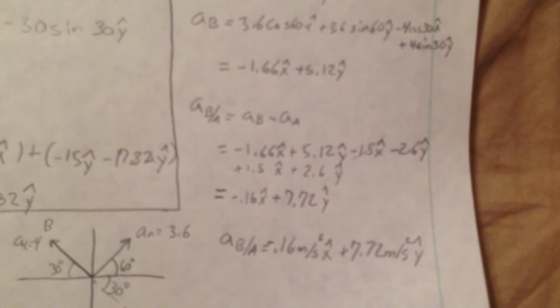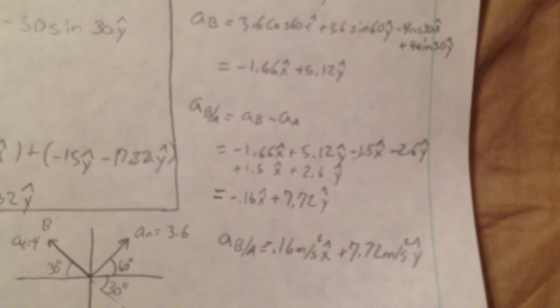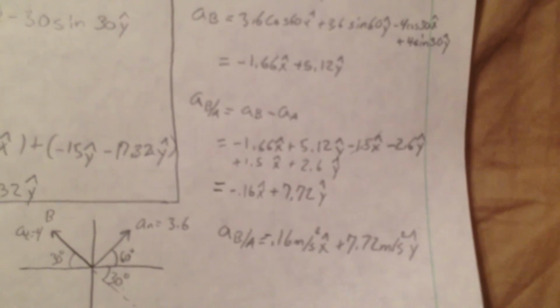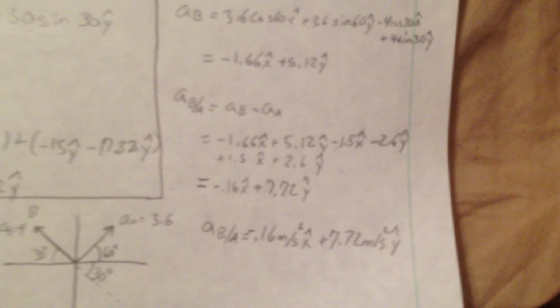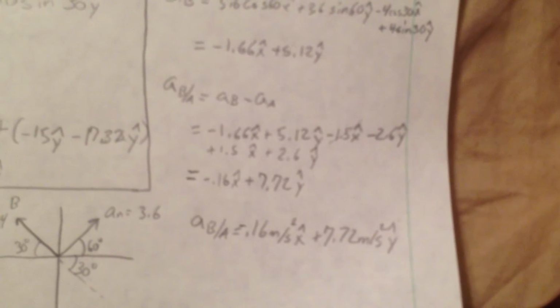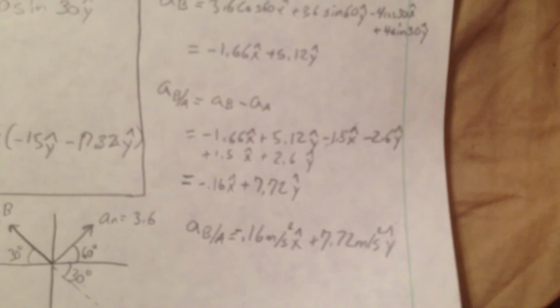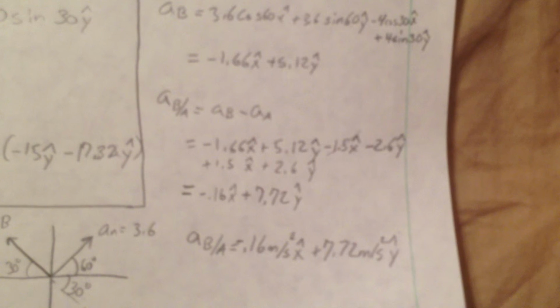And then to find the acceleration of B with respect to A is the acceleration of B minus the acceleration of A, which gives you negative 1.66 x hat plus 5.12 y hat, minus 1.5 x hat minus 2.6 y hat.